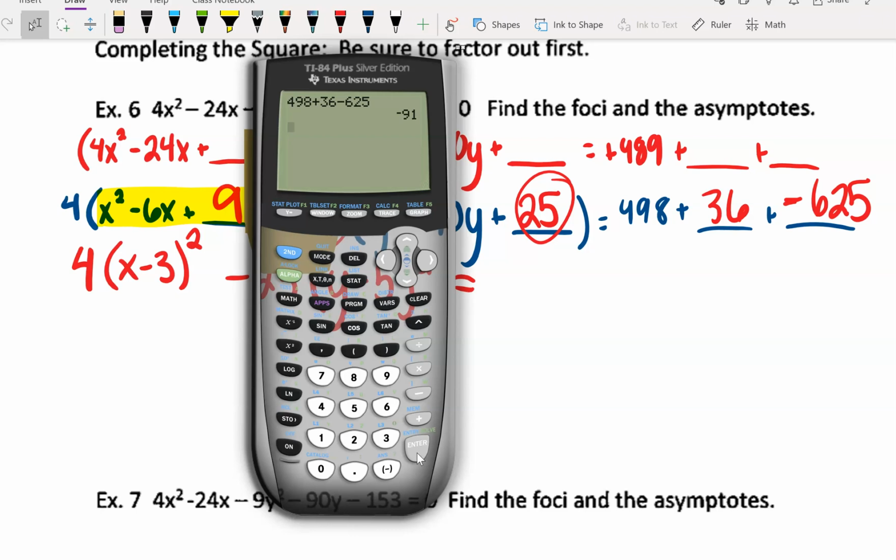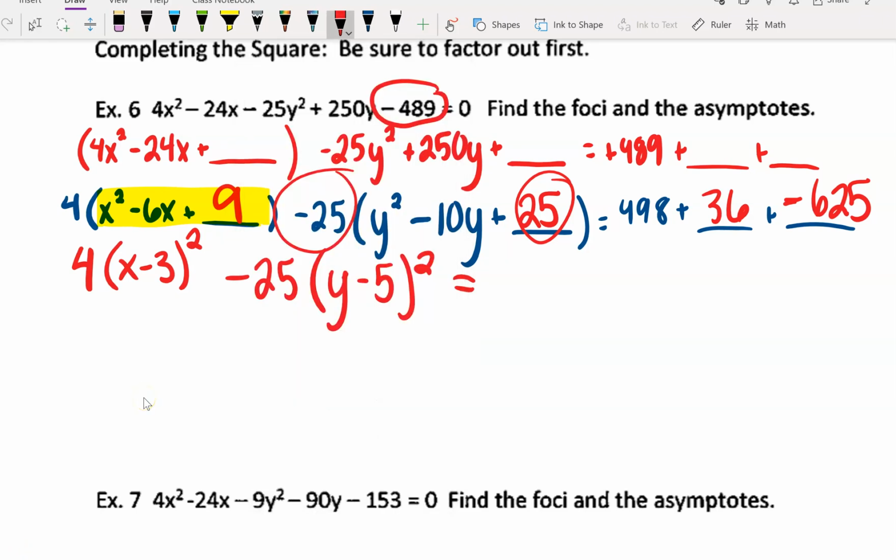That doesn't seem right. I mixed up my numbers. This should have been 89. When you add those together, you should get -100. So that's a nicer number to end up with. If we add those all up, we get -100.